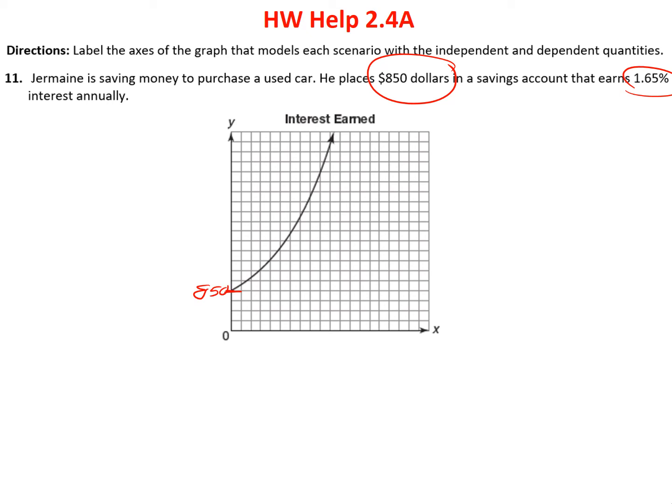Now obviously here is the amount of money, in dollars, and this is going to be our time here, and it could be in years. It says annually, so each year he earns that amount, and so we see it starting at $850 and going up.